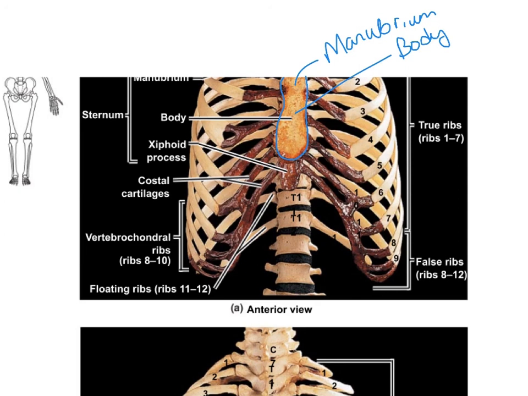And at the end, it has the xiphoid process. So this is the xiphoid process right there. At the top of the manubrium is an indentation, and that indentation is called the jugular notch.